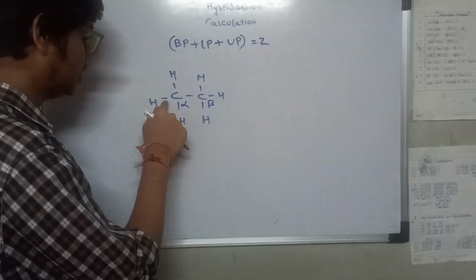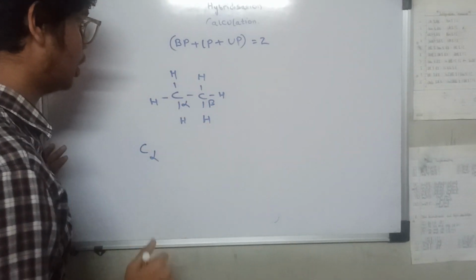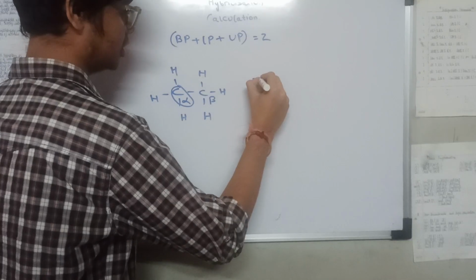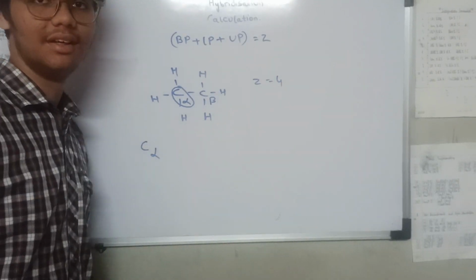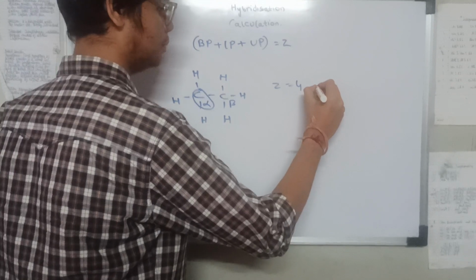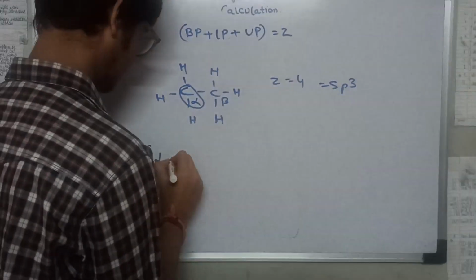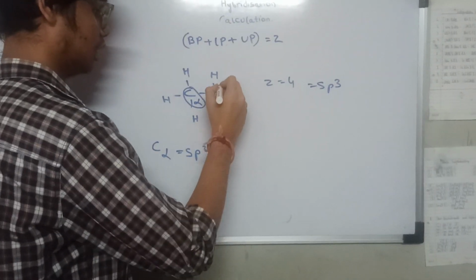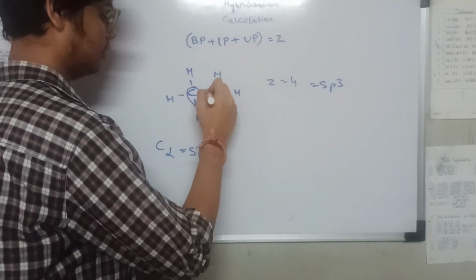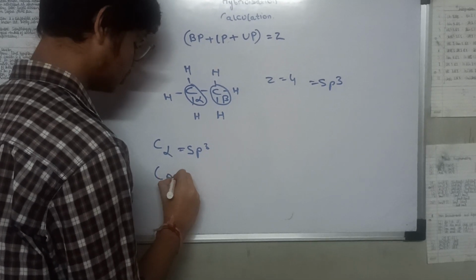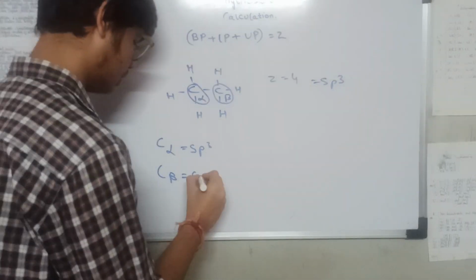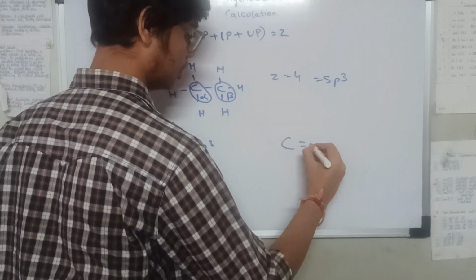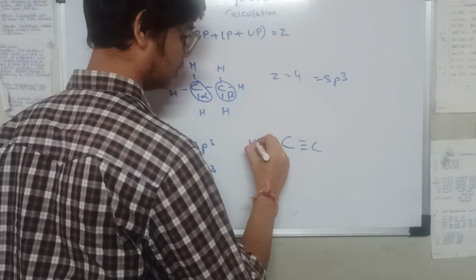How many bonds are there? 1, 2, 3, 4. So 4 bond pairs are there. If Z is equal to 4, you have to recall it will come as sp3. So C alpha comes as sp3. If you want to calculate C beta, 1 bond pair, 2, 3, 4. So C beta will also come sp3.